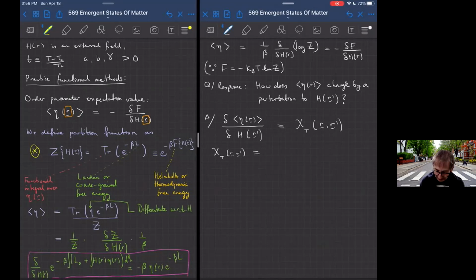So I can write this as minus d by dh of r prime acting on dF by dh of r, like so. And so that is equal to the second derivative.